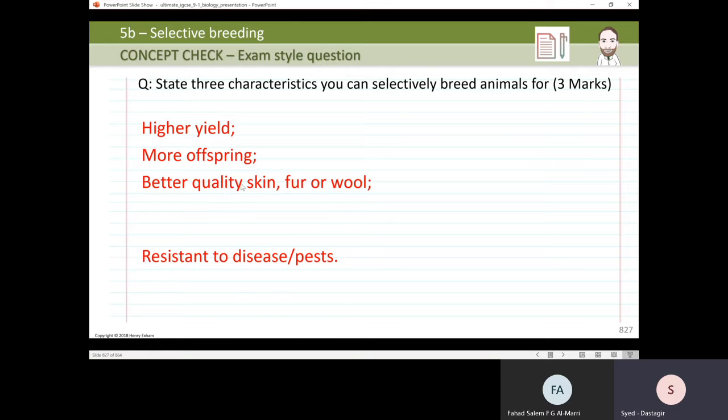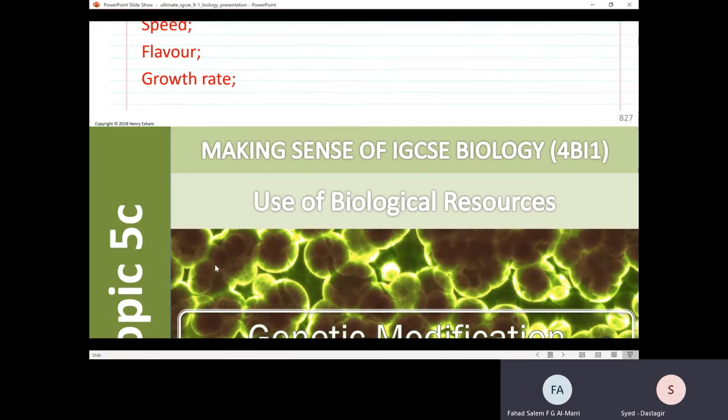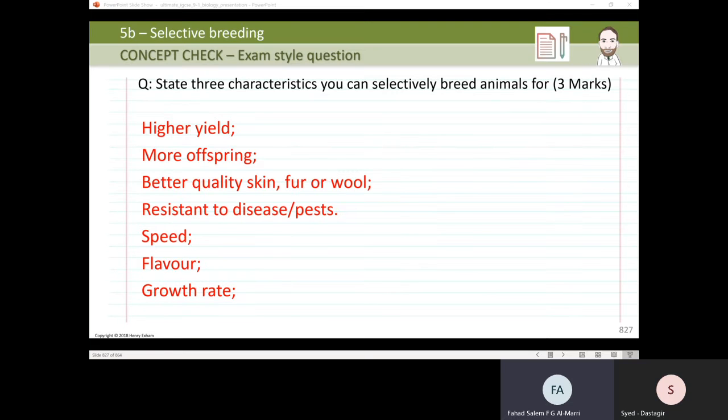You got that mark. Resistant to pest or disease. You got that mark. Speed. You got that mark. Flavor. You could have said growth rate. You could have got that mark. Is strength one of them? Can be strength. Like when you have a dog that guards your farm or something like that. Strength for what though? To protect the animals. Like a dog or something. Yes, the farm, possibly. That is true.